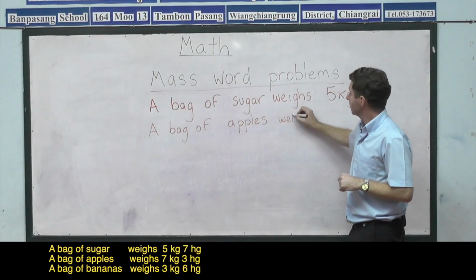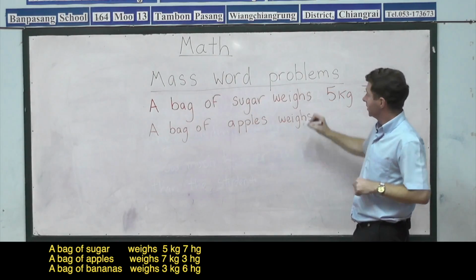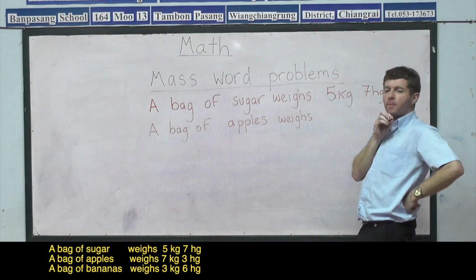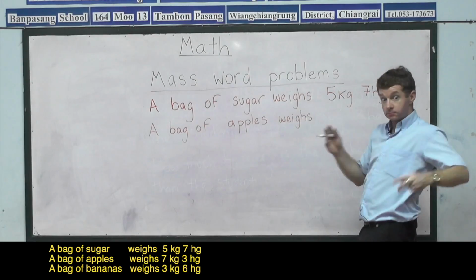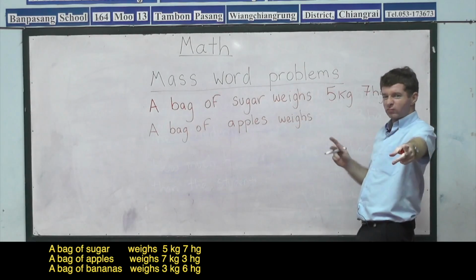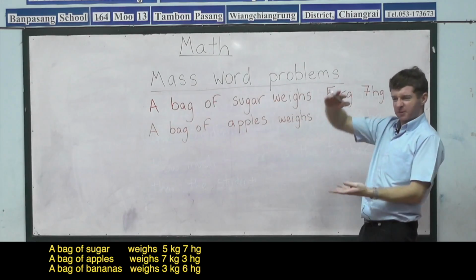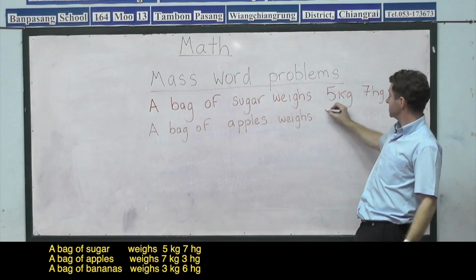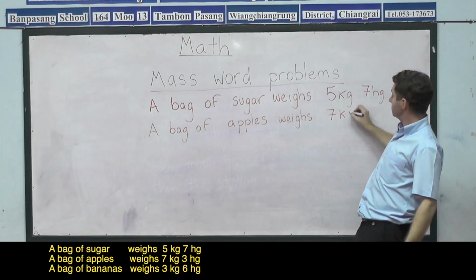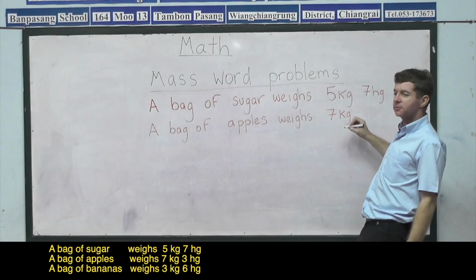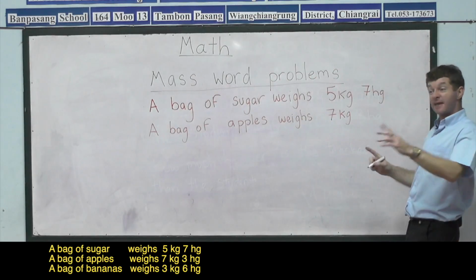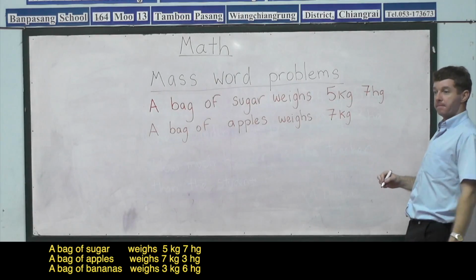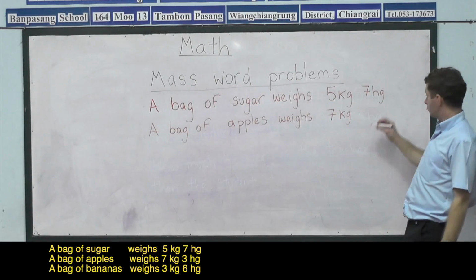How much does the bag of apples weigh? 7 kilograms. 7 is more realistic. So say 7, and how many hectograms? Has to be less than 10 because 10 hectograms is 1 kilogram. 3 hectograms.